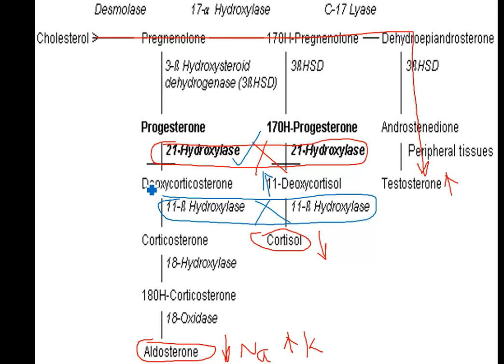The pathway from progesterone to the final production of aldosterone remains intact, so there is no salt losing.